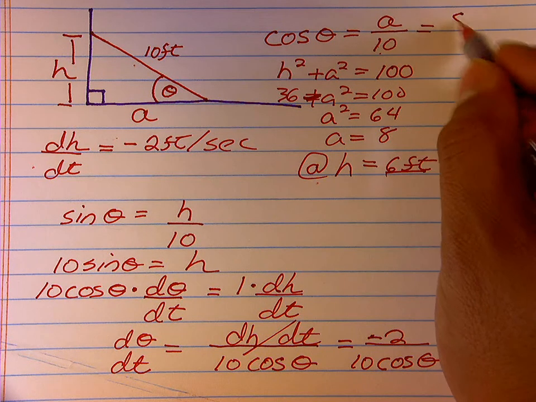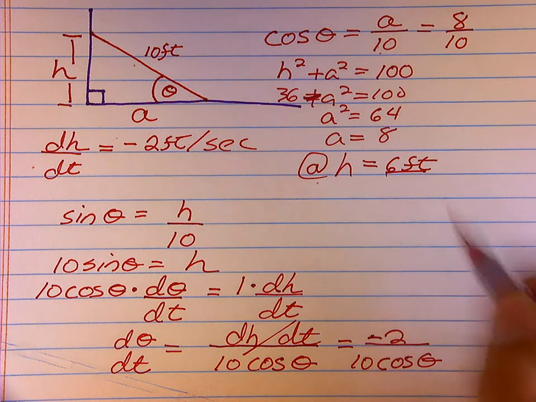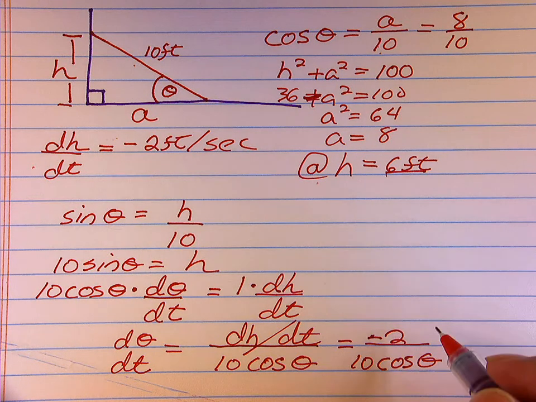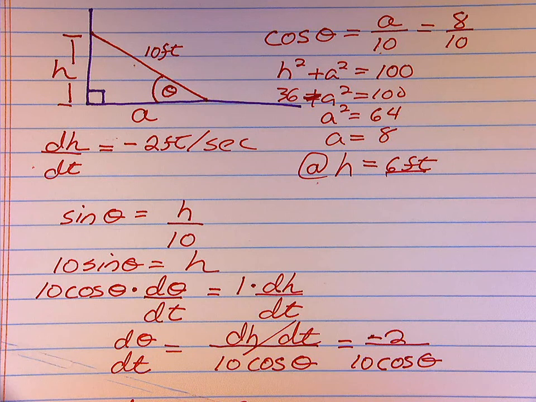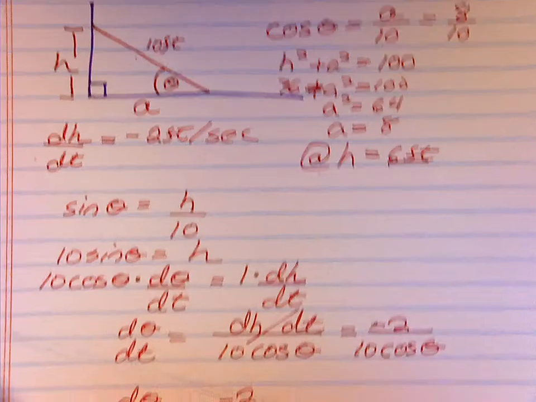If I know that, then I know cosine is 8 over 10. Come back, d theta/dt equals -2 over 10 times 8 over 10.